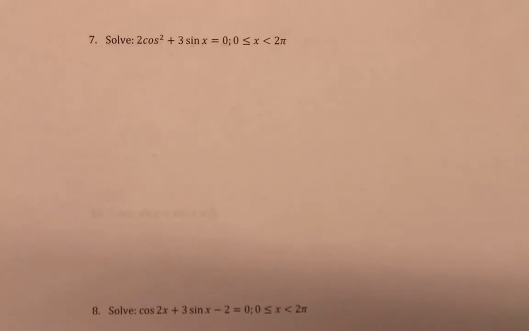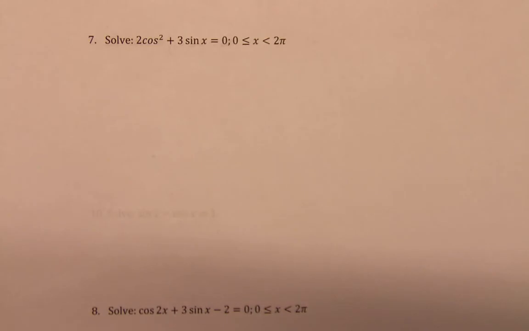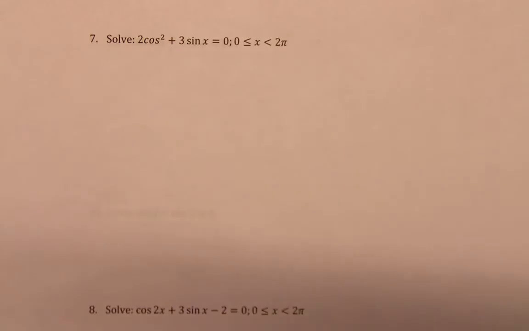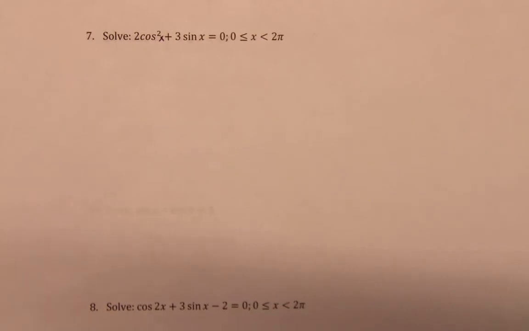We have 2 cosine squared plus 3 sine squared equals 0. And again, we have something where we have 2 different trig functions. And so I have cosine squared, and there actually should be an x on here. So I'm going to go ahead and add that.